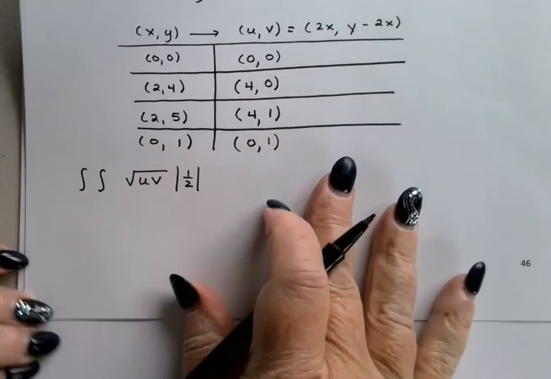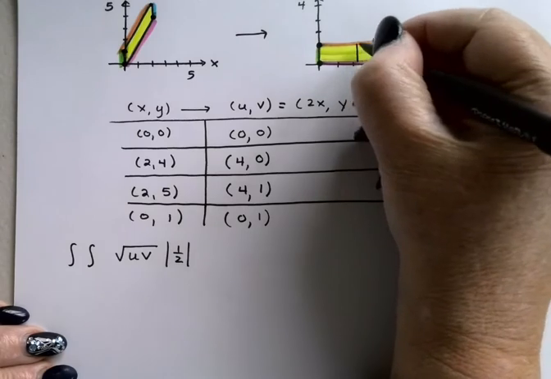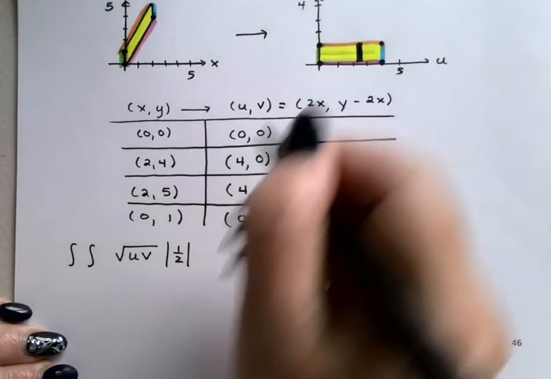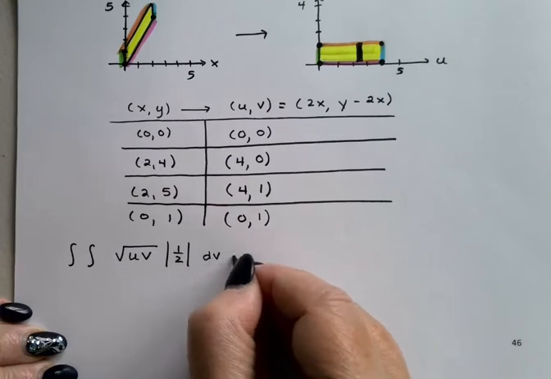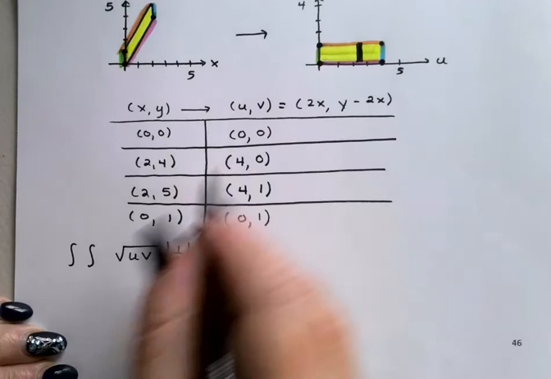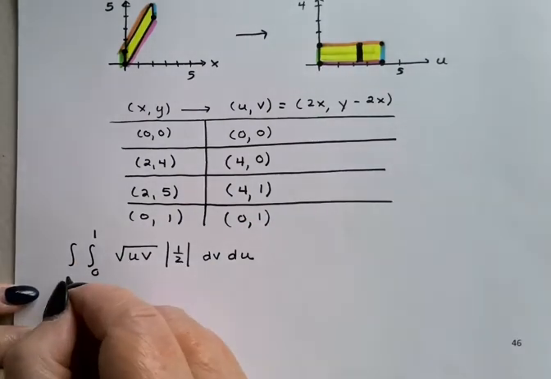And let's just go ahead and do this dv du. It doesn't really matter, but I'm going to think vertical rectangles. And since v is my vertical variable, that means I'm doing dv first. So v goes from 0 to 1, and u goes from 0 to 4.